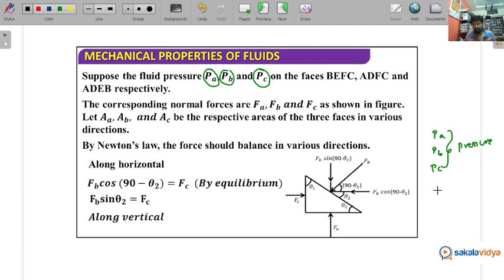Let capital A with suffixes AB and AC be the areas of this elementary section.